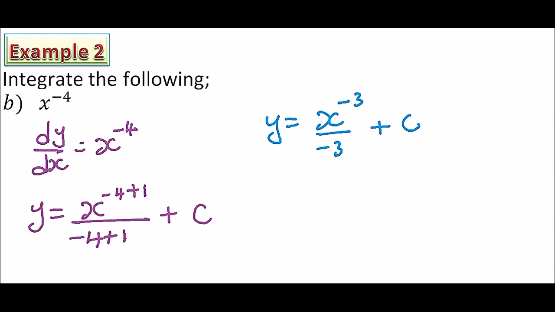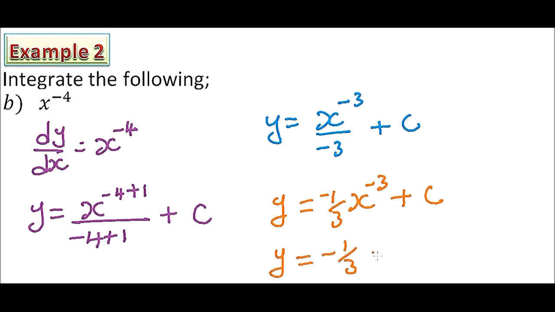We can write this now as y is equal to minus a third x to power minus 3 plus c. Or in another way, we can say this is minus a third x cubed, because of the negative index, it is an inverse, plus c. So that is how you integrate that gradient function.